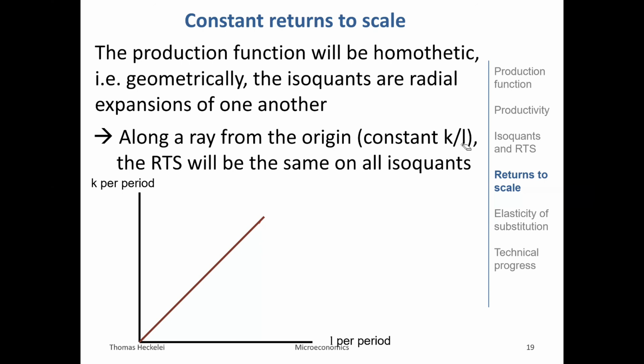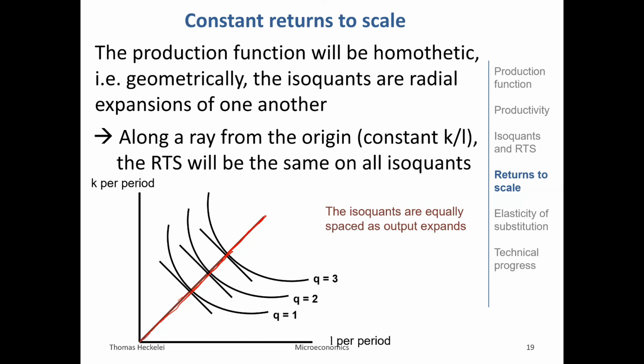So now if you draw a ray like this through the origin, with K and L on the two axes, along such a line the ratio between K and L will remain constant, no matter how far you go from the origin.